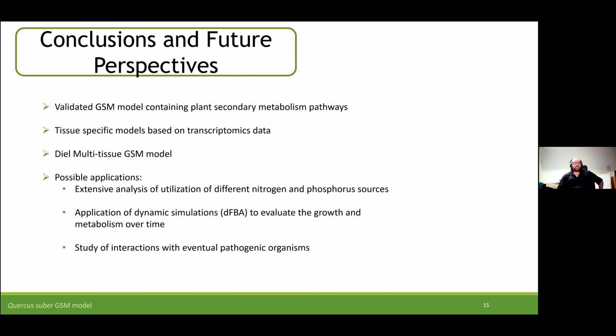So the future perspectives are to validate the secondary metabolism pathways that we have in this model, because we have a very rich secondary metabolism, it seems, when comparing with other models.